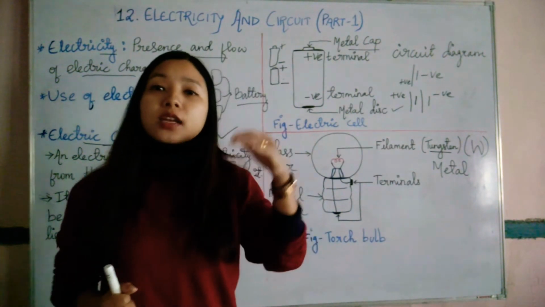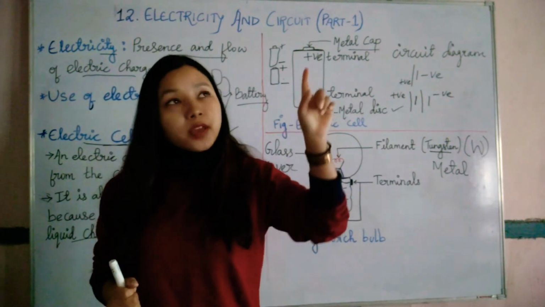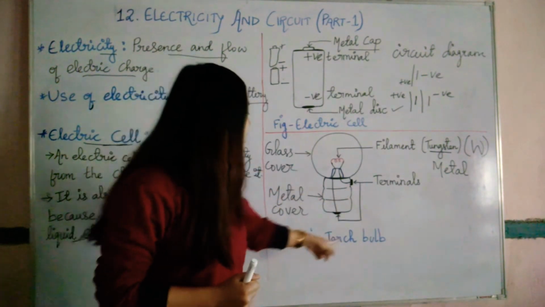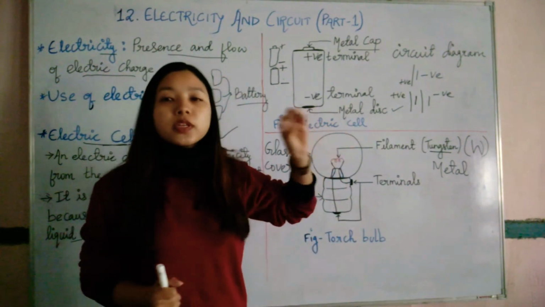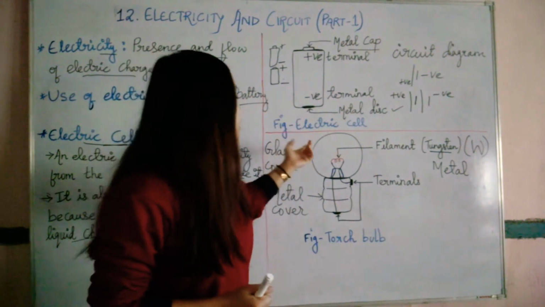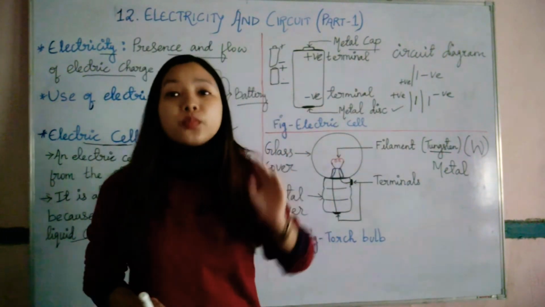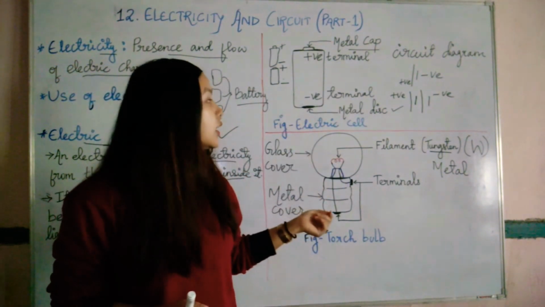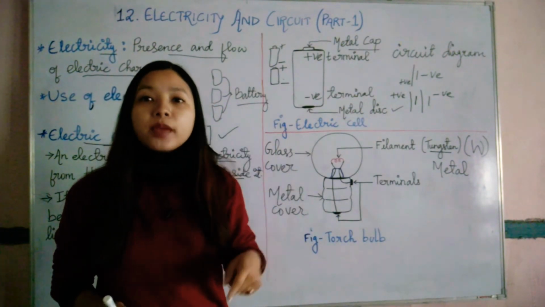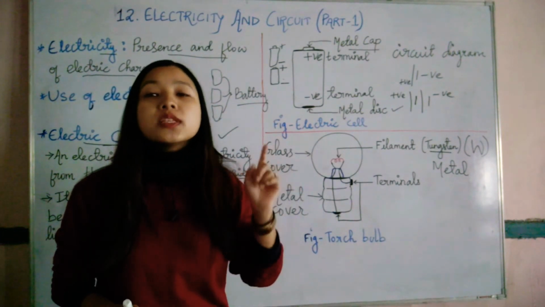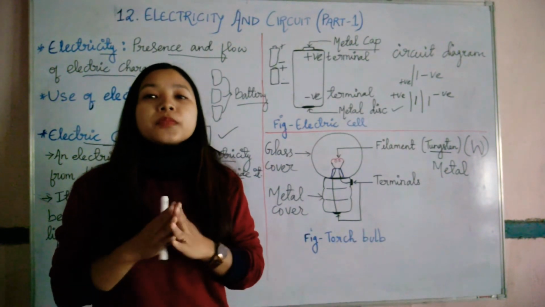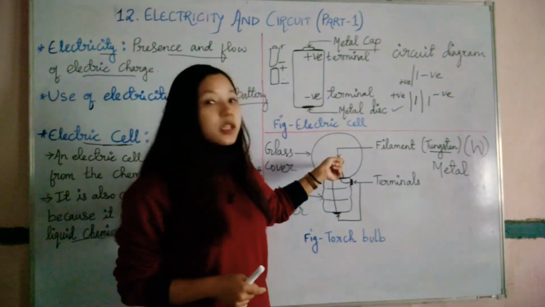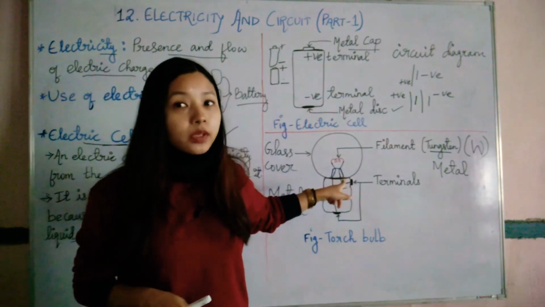This tungsten has a very high melting point. That is why when we switch the electric current on, the electricity will run through it and it will glow up. Due to this high melting point, it doesn't break easily. If we used iron or aluminium metals to make the filament, what would happen? As soon as electricity ran, it would melt and the circuit would break, and the bulb would not work.